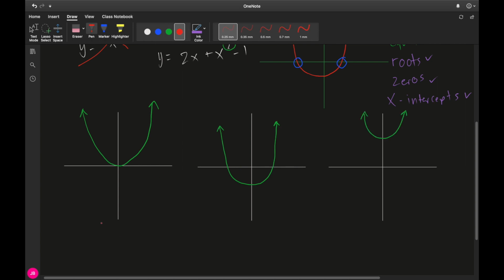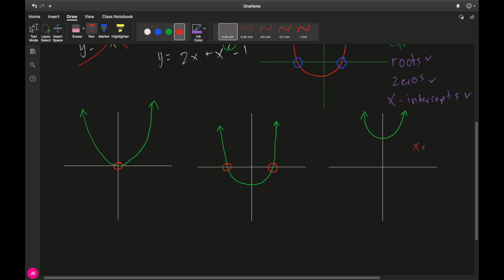Here we have three different parabolas, and each of these parabolas, it seems, would have a different number of solutions, and they do in fact have a different number of x-intercepts. So this first one has one x-intercept at 0. This second one has a negative x-intercept and a positive x-intercept. And this last one actually doesn't cross the x-axis at any point.